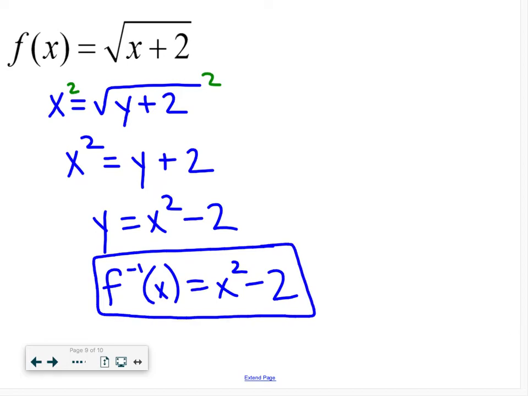When you determine the domain and range of this inverse function, what's the easiest way to go about doing that? Let's look at the original. Our original is a square root shifted left 2. Kaya, what's our domain for the original?